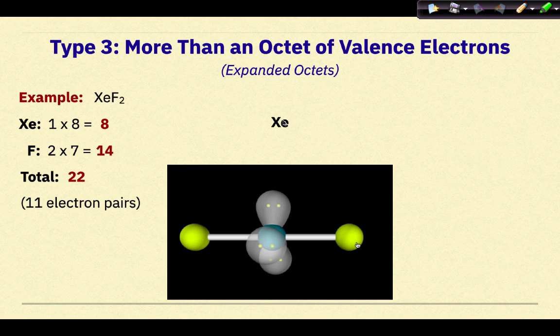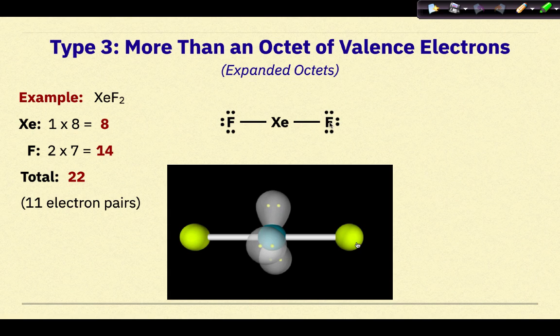So we're going to put Xe as our central atom, a fluorine to the left, a fluorine to the right. We're going to connect them together. So we have 11 electron pairs. We have used 2 of those electron pairs, and now we're going to complete the octets for each of the fluorine. So there's 2 shared pairs, and then 3, 4, 5, 6, 7, 8.